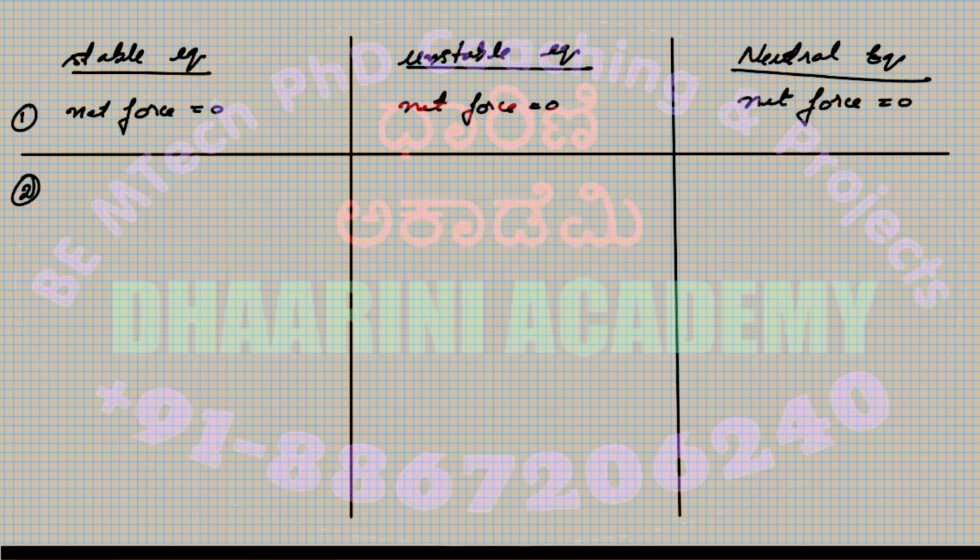It holds good even for the other two types of equilibriums as well. So du by dx equal to 0. The first two conditions are the same for both. Then is there any difference between these types of equilibriums or not? We'll find out.